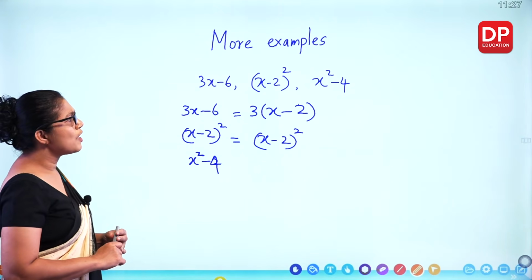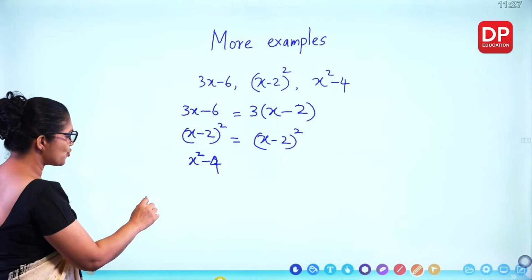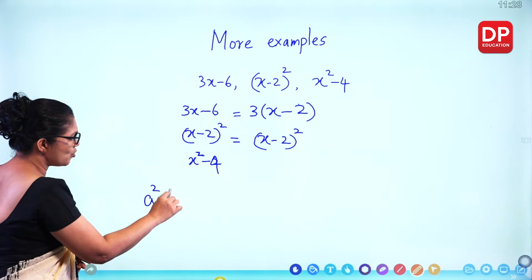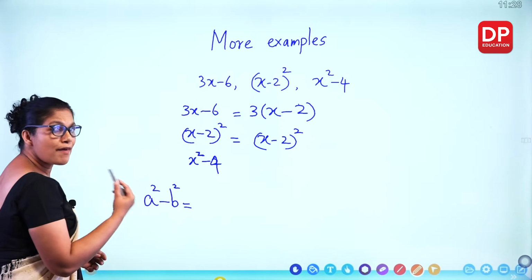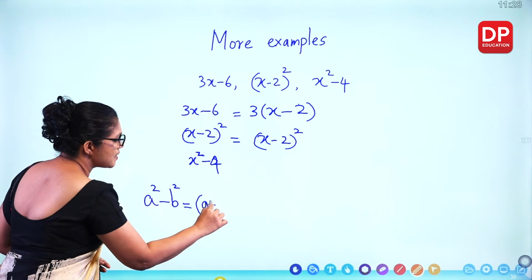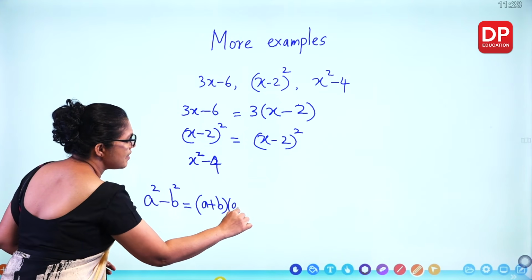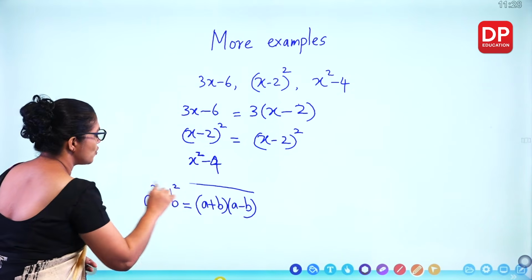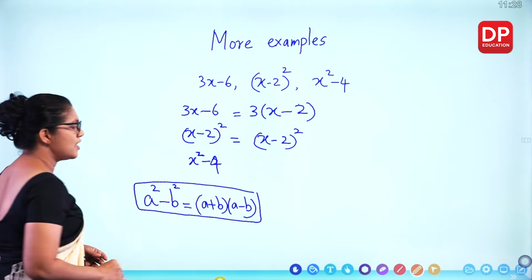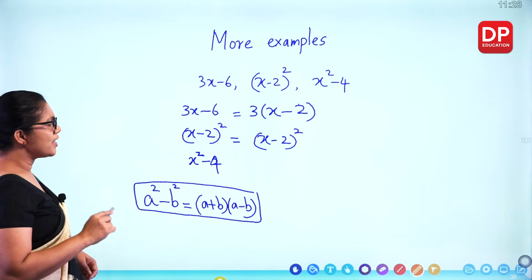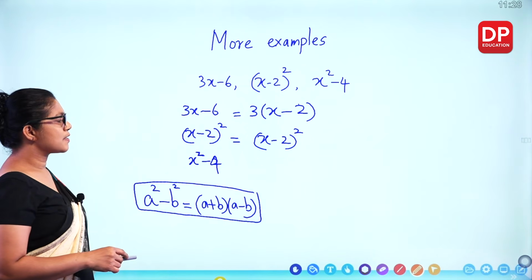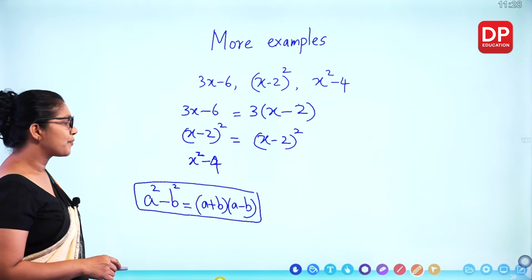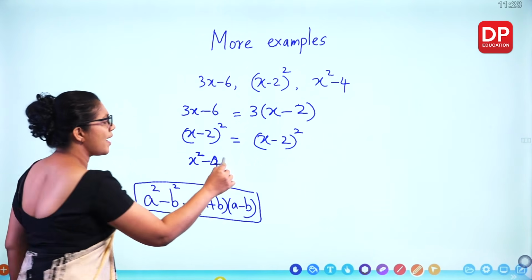So what's the formula we use for difference between two squared terms? When there's two squared terms with a minus sign, we can write down the factors. One is positive and the other one is negative. So this is difference between two squared terms. So you can use that property to factorize this expression. So what is 4? 4 is 2 squared.